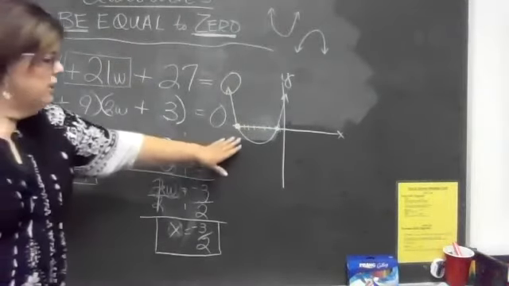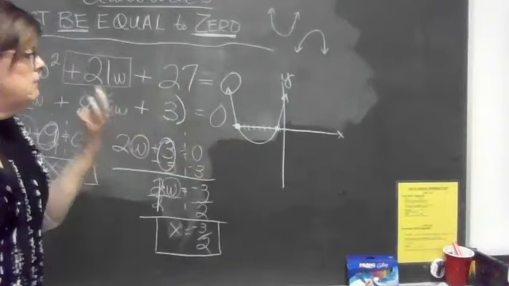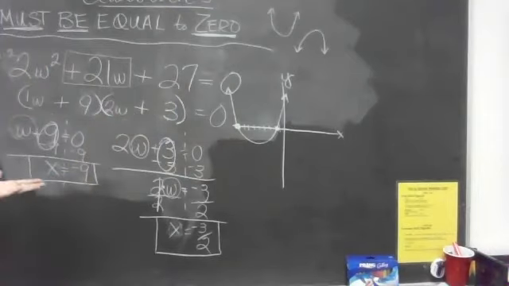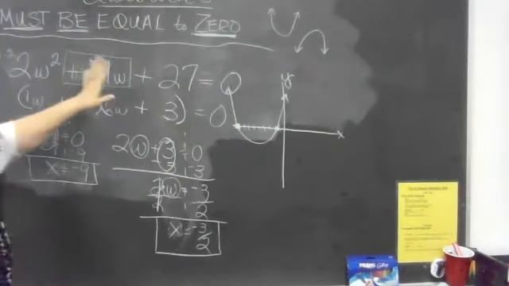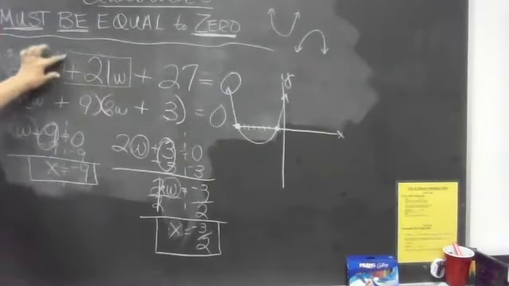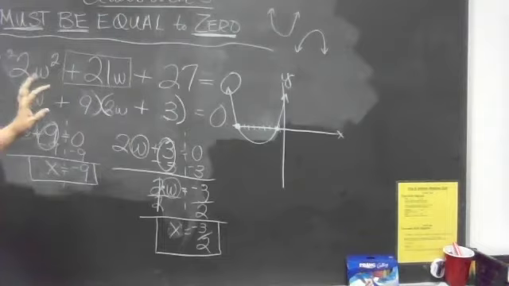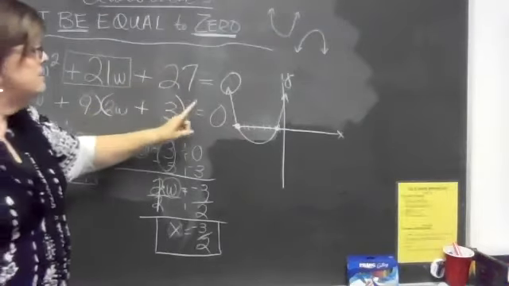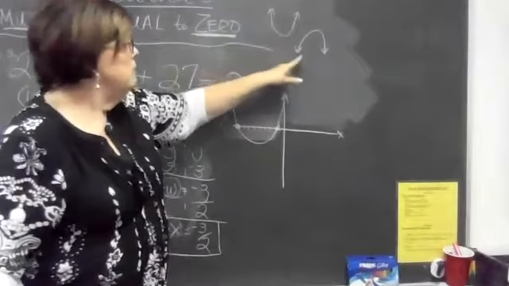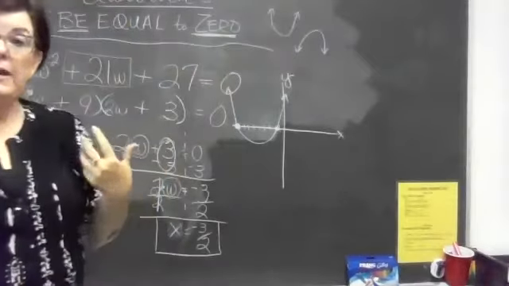You don't have to graph right now, but some learners need to know what in the heck we are even doing this for. Well, a quadratic means the largest exponent is 2, okay? And any quadratic will create a parabola like this or this. That's what the graph will look like.